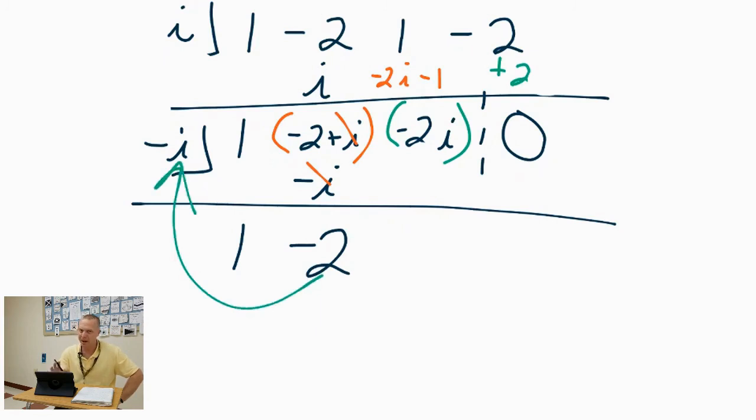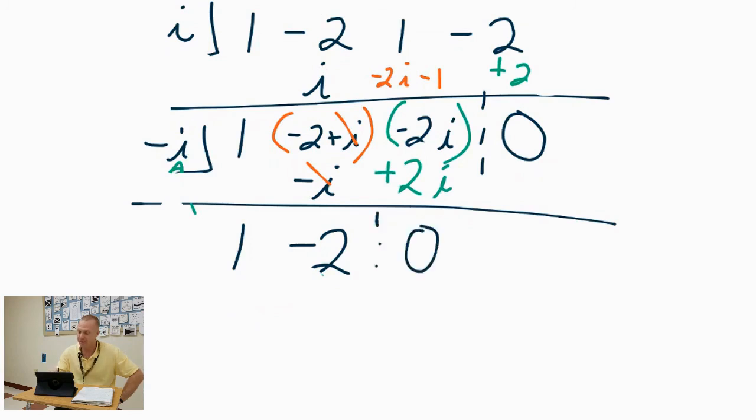We don't get i squared, but we do get 2 negatives that make a positive, and it ends up being +2i, which is going to add to be a remainder of 0. Listen, when you divide by imaginary numbers, you're always going to get a remainder of 0 if they're roots. So it was destined to work.